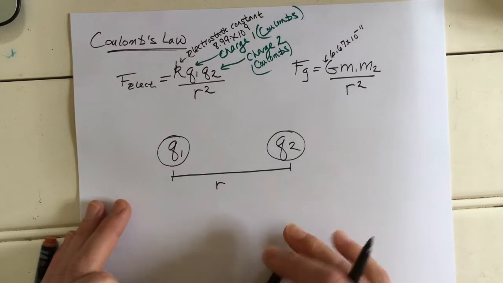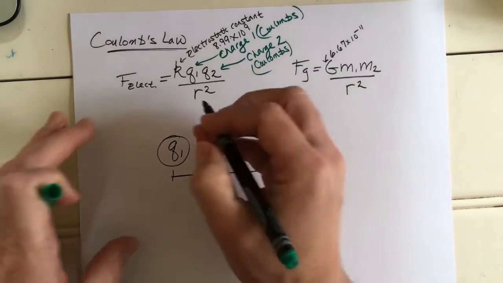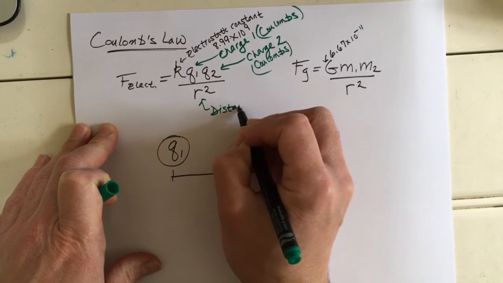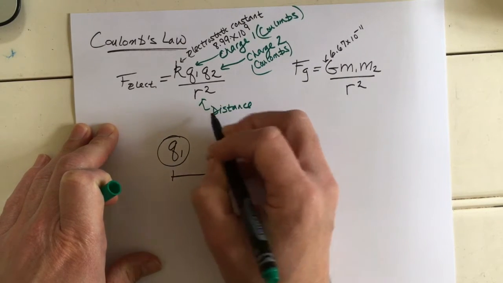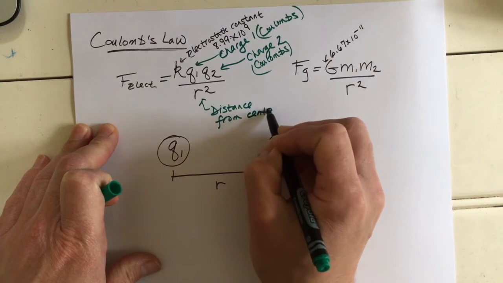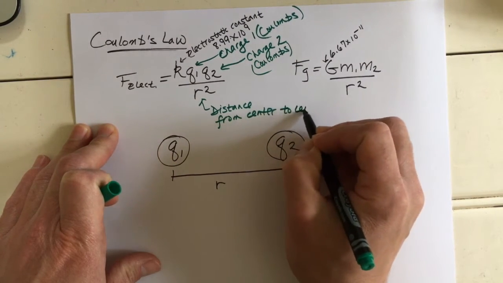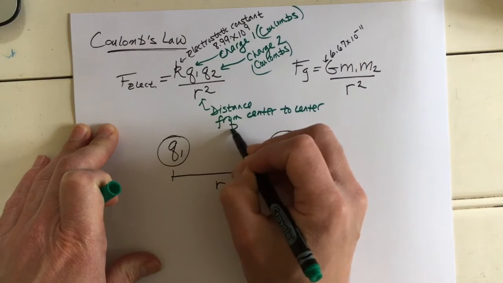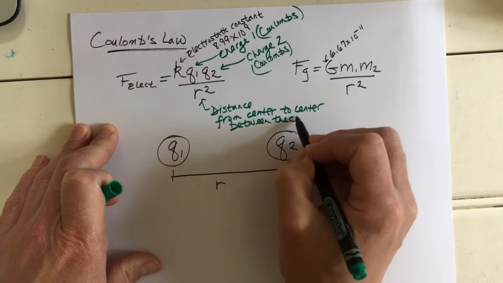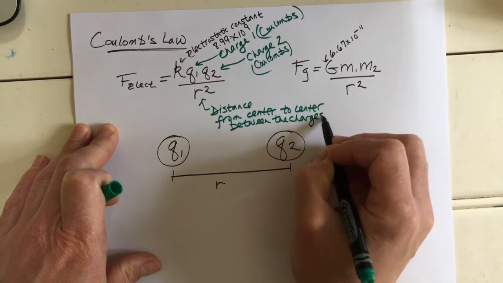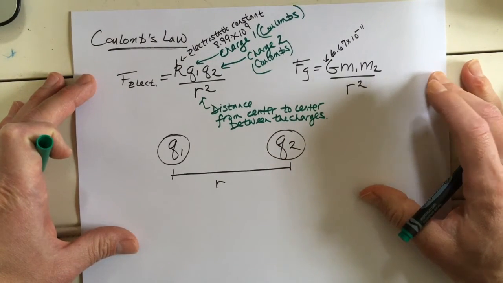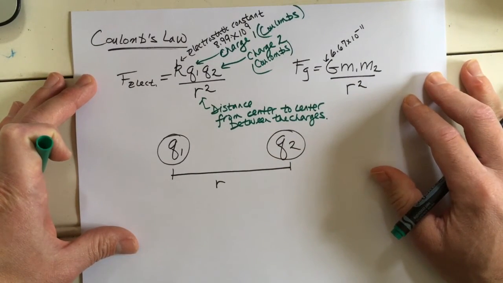And then r is the distance from center to center, squared. Notice it's not the radius. Okay, so very similar to what we had last time for force gravitational.